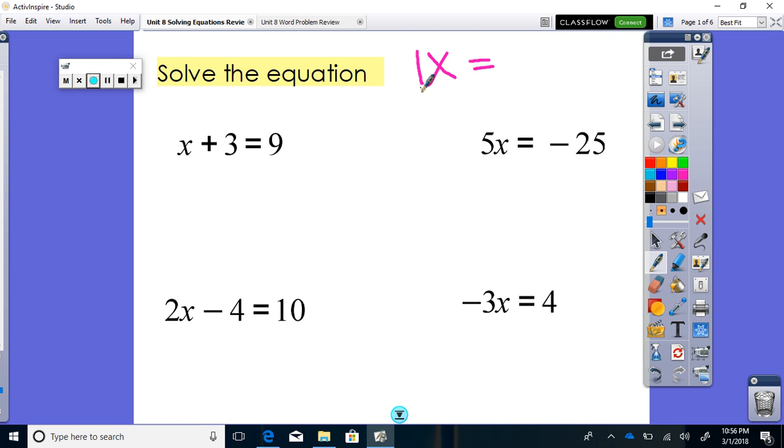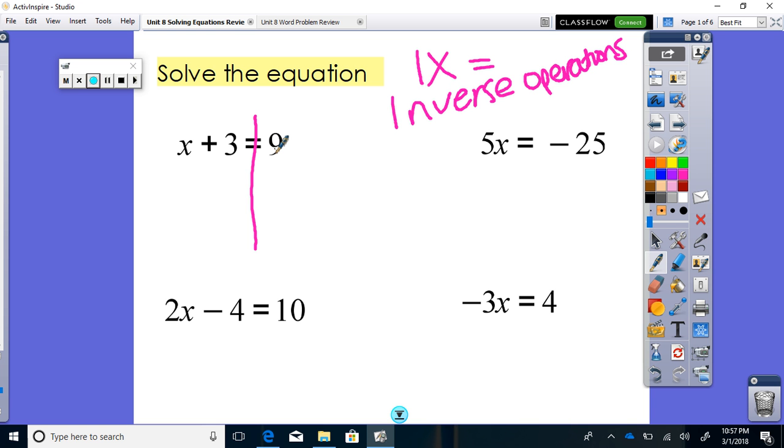And we're going to use our inverse operations to do that. So my first example, I have x plus 3 equals 9. So I know that 6 plus 3 equals 9. So mentally I can solve this problem.